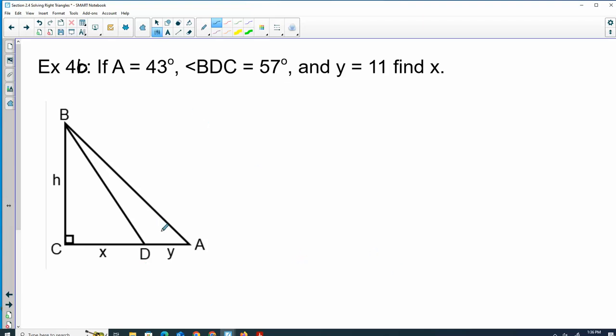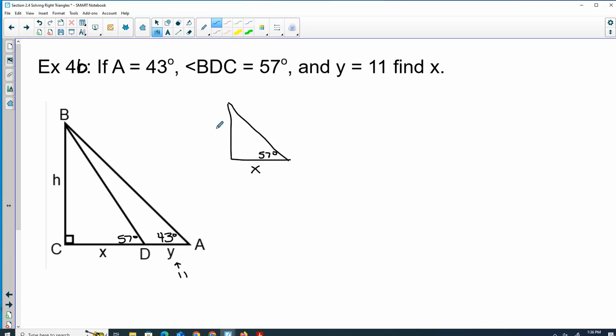Angle A is 43 degrees. Angle BDC is 57 degrees. And Y is equal to 11. Find X. So I know this is 57.